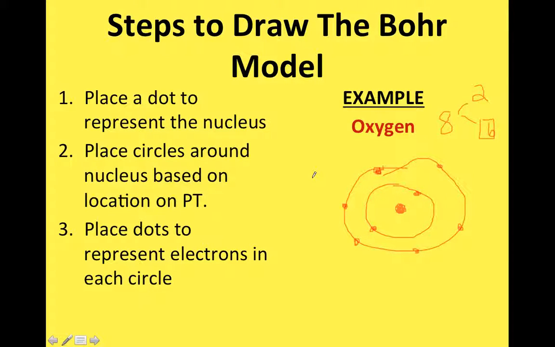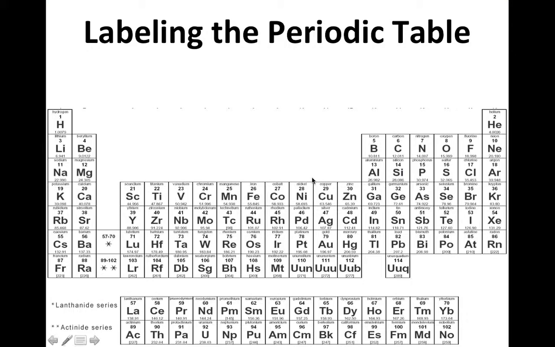Let me back up on this periodic table. This one is labeled 1A, and that means it has 1 electron in the outer shell. This one's 2A, so it has 2 electrons in the outer shell. 3A right here, we're going to bypass those in the middle. We're not going to worry about those.